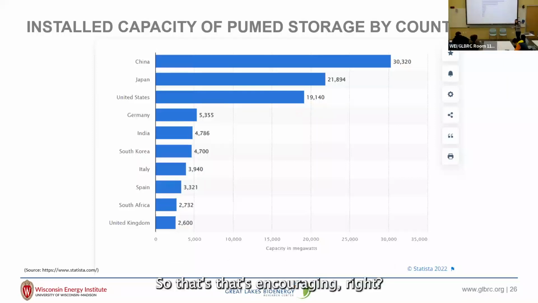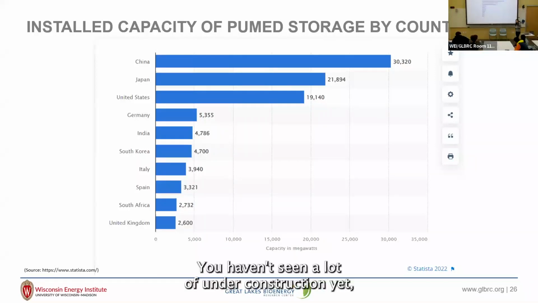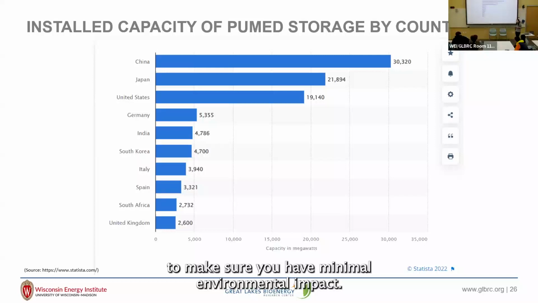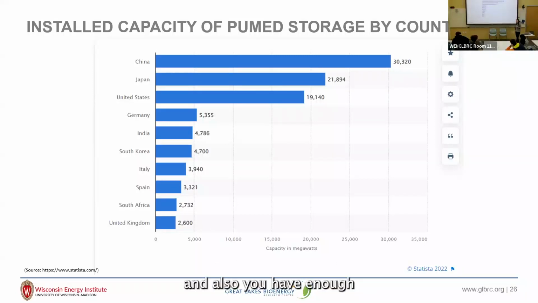So that's encouraging, there's a lot of activity going on. You haven't seen a lot under construction yet, mainly because of the long licensing and permitting process to make sure you have minimal environmental impact, you have addressed all the socioeconomic issues, and also you have enough financial investment. I hope we'll have a lot of actual construction going on in the next few years.